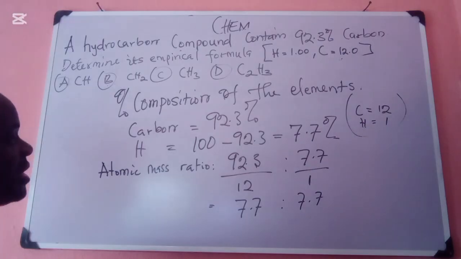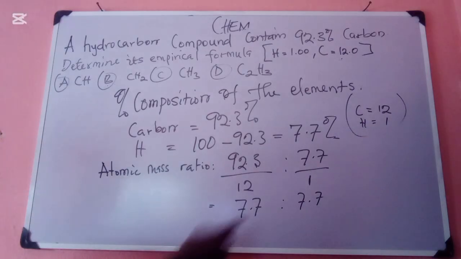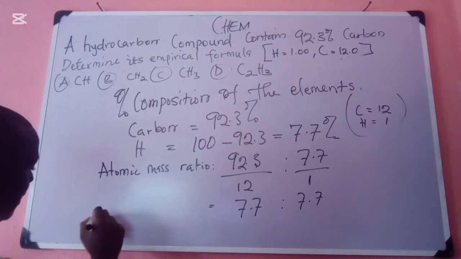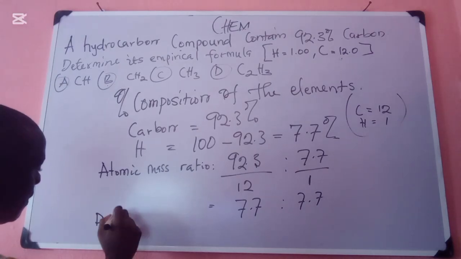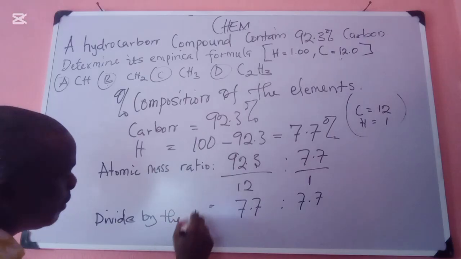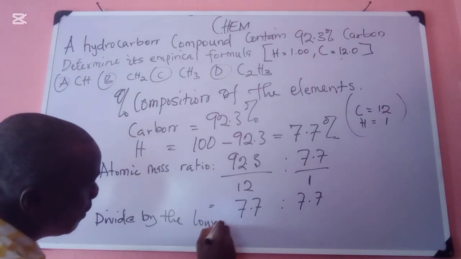The next stage is to divide both sides by the lowest number.